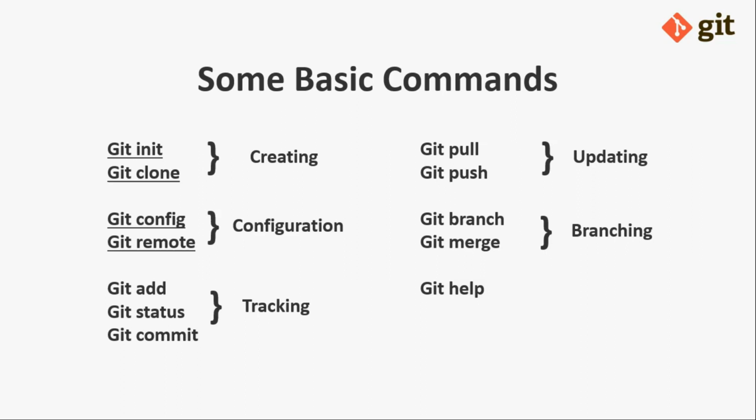And then we have git remote. Git remote allows you to manage the remote repositories that are associated with your local repository. So one of the things that git remote does is it allows you to list all the remotes that you have. It also allows you to add a new remote and to rename and remove the remotes that you have in your system.